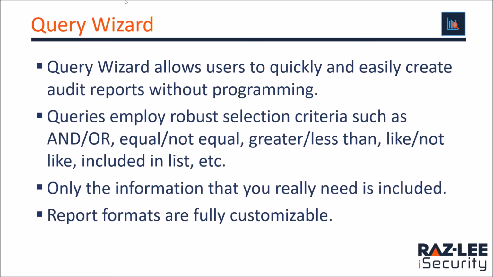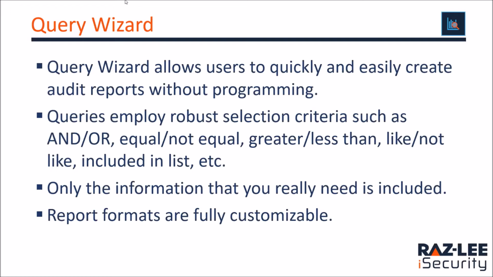And this is very useful because you can have selection criteria the same way as if you were programming an SQL query to the database, because you have and, or, equal, not equal, greater or less on all the lists included in the query.